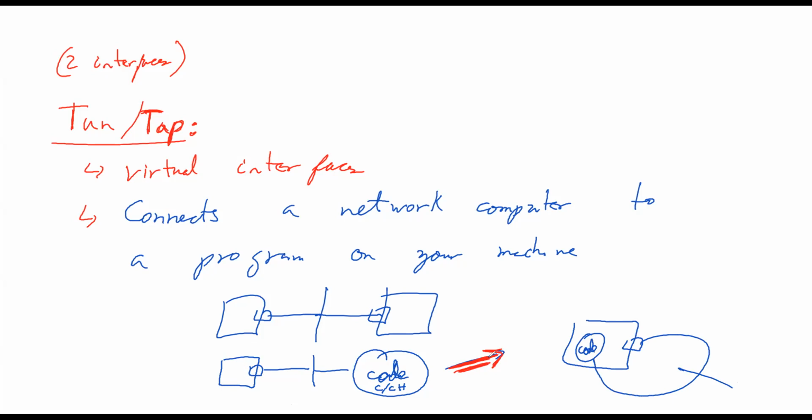As opposed to normal network interfaces, TuneTap allows you to connect to code, and by the way, to your own code. Sometimes you can think of this code as code pretending to be a computer. Therefore, it receives the packets as another computer would. Packets arrive exactly as if it was another computer.